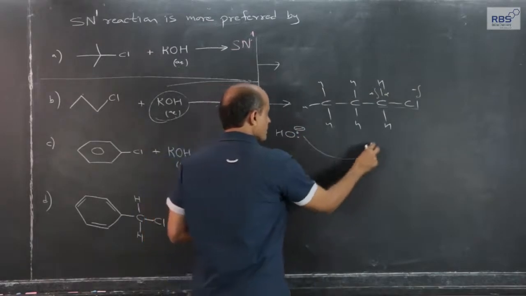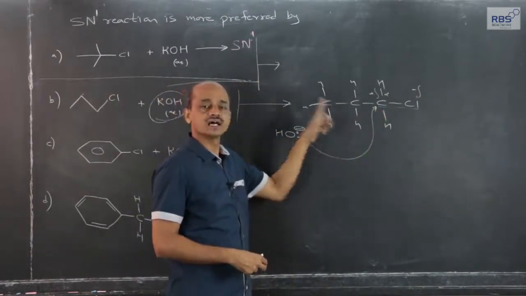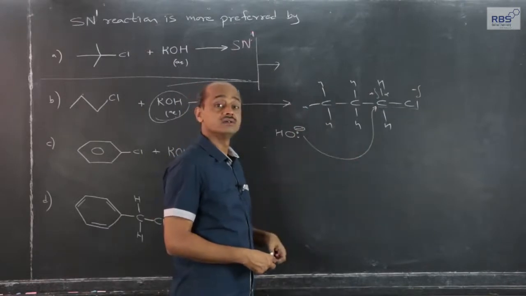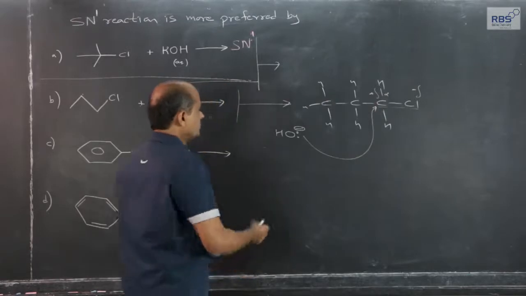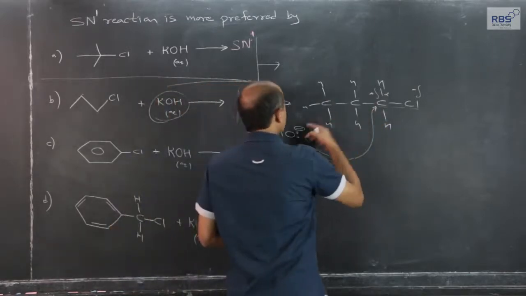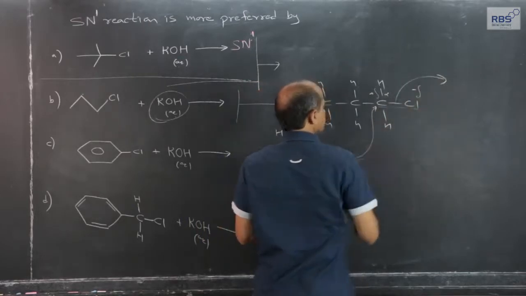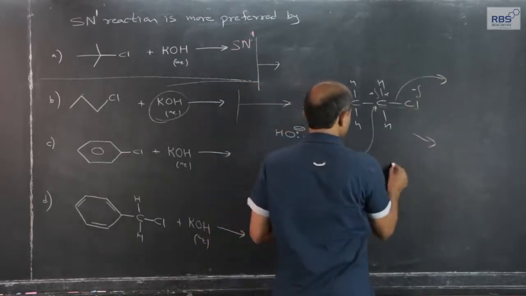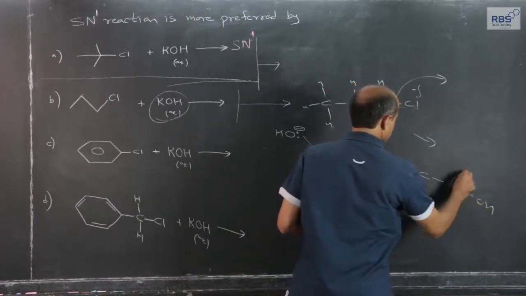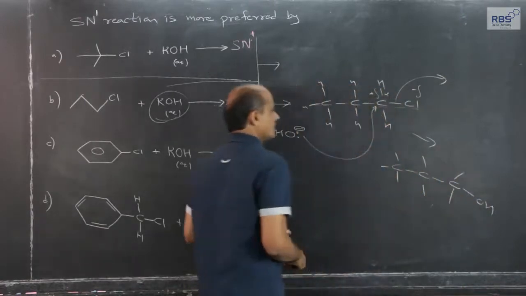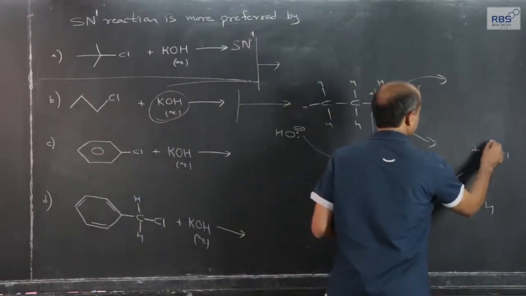Now, this can attack from the opposite side. It is not that bulky as in the case of the tertiary carbon atom, where 3 methyl groups were attached earlier. So, opposite side attack, the moment this attacks and the chlorine goes out in the form of Cl minus ions, giving rise to alcohol, and chlorine goes out in the form of Cl minus ions.